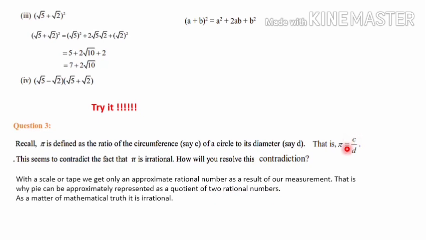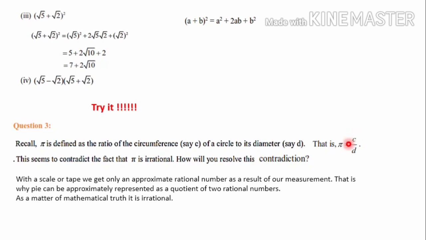So this is the approximate value, that is, circumference of circle divided by its diameter. That is considered as the approximate value, because when we are using tape or scale, we are getting approximate measurements. But as a matter of mathematical truth, it is irrational. So pi is considered as irrational, and that is a mathematical truth as well. So here the contradiction is resolved.